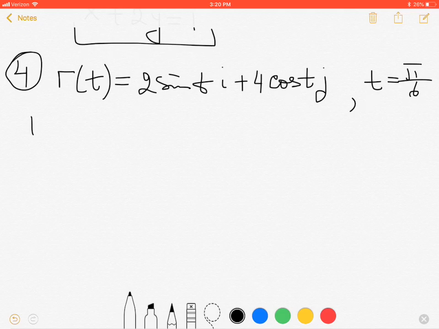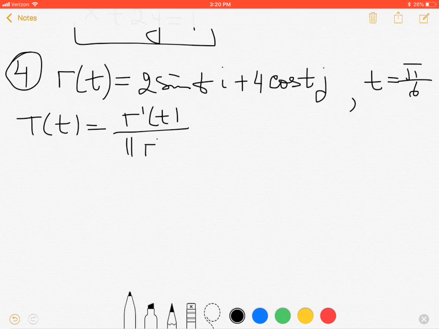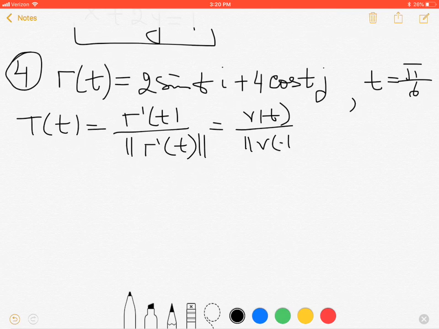How do you remember the unit tangent vector? It will be the derivative r prime divided by the norm of this derivative. Or you can write speed divided by velocity. They're all the same.